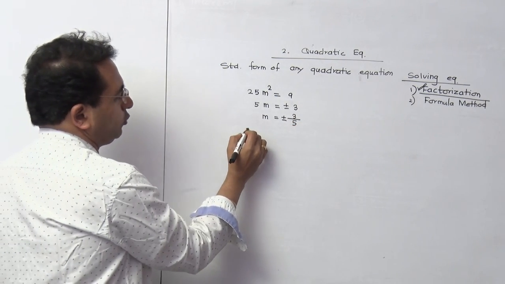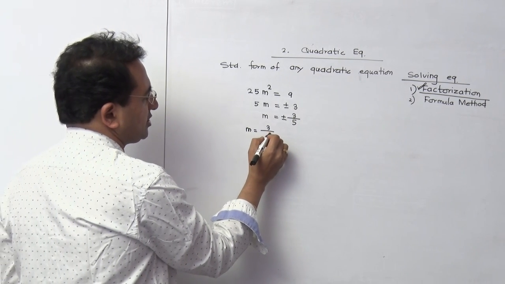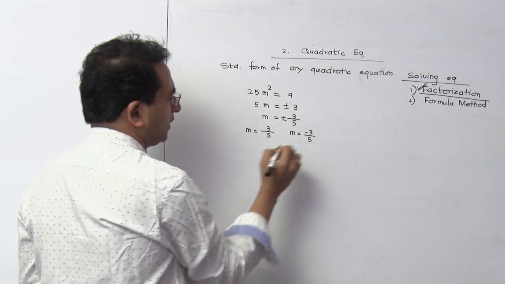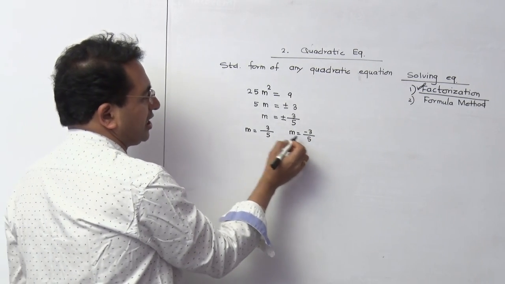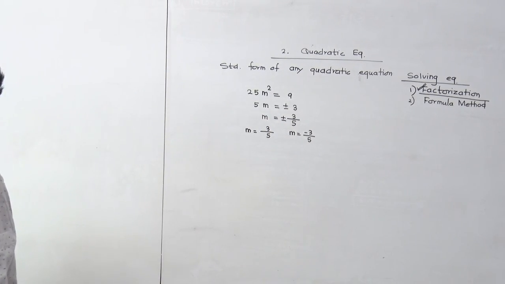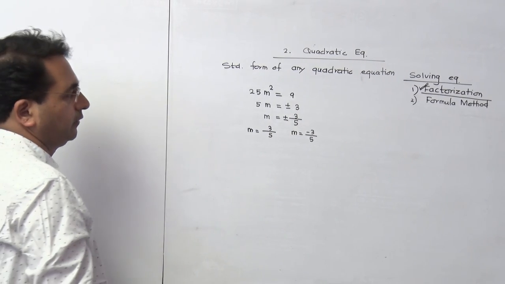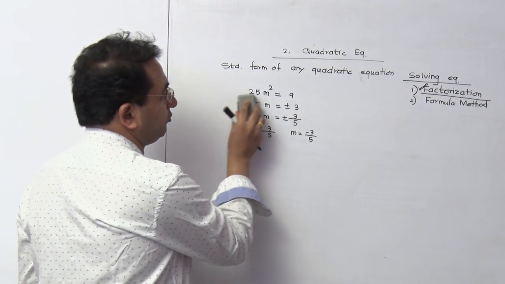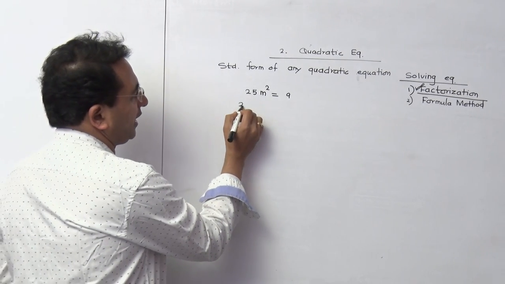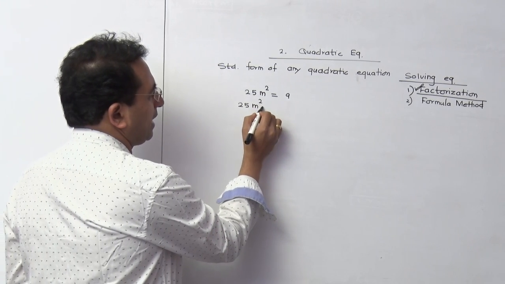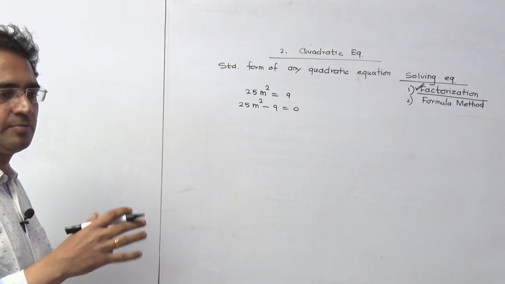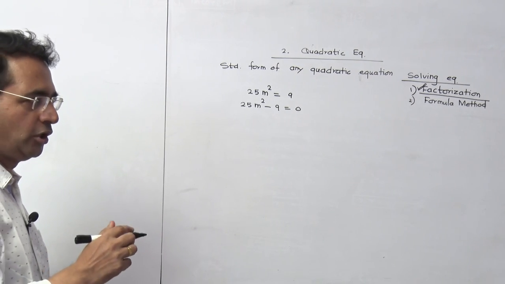So you are going to get two answers for m. One is 3 by 5 and the other is minus 3 by 5. Basically, these answers are right, but the method is wrong. This is not called factorization because we never observe any factor here. So the procedure is different. Now I am telling you what it is. 25m square minus 9 is equal to 0. Now this factorization method is by splitting the middle term, and the middle term is not there.